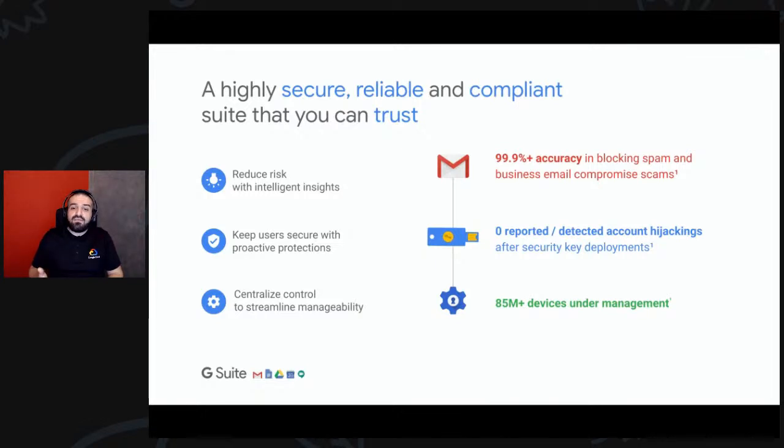You can also have centralized control and management of the services, mobile devices, endpoints, and the authorization for users whether to share documents externally or not. So security is always on top of mind when we look at either productivity and collaboration tools, or our GCP, Google Cloud platform.